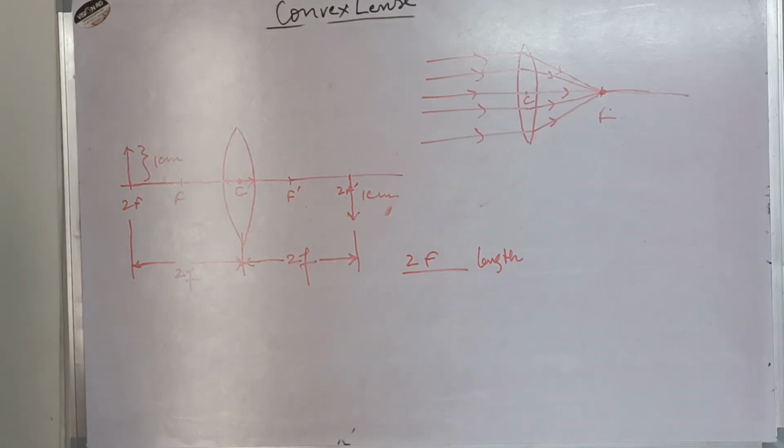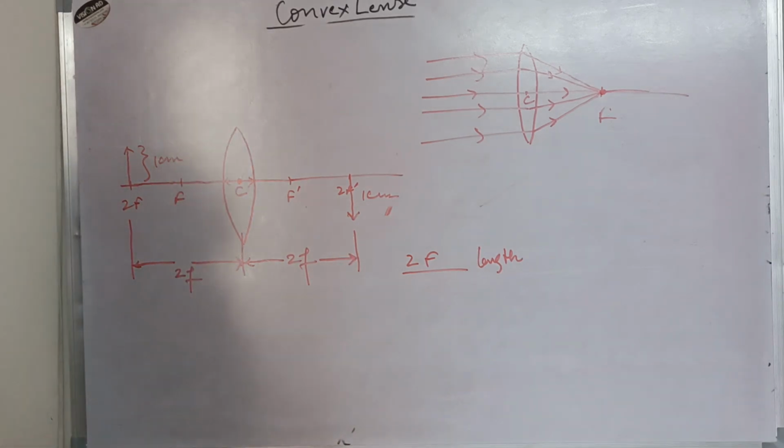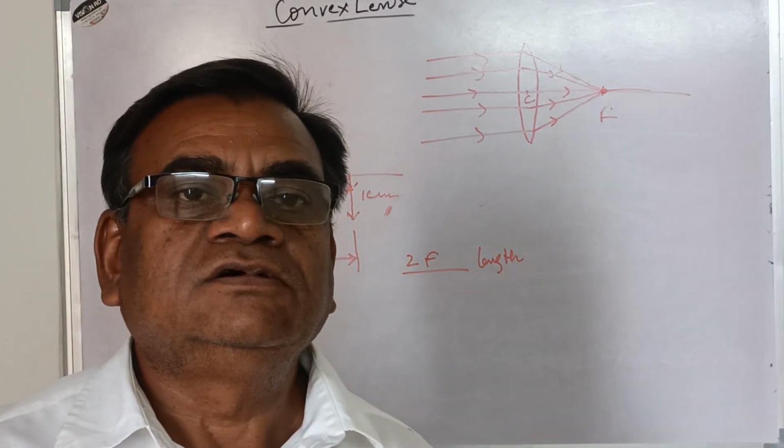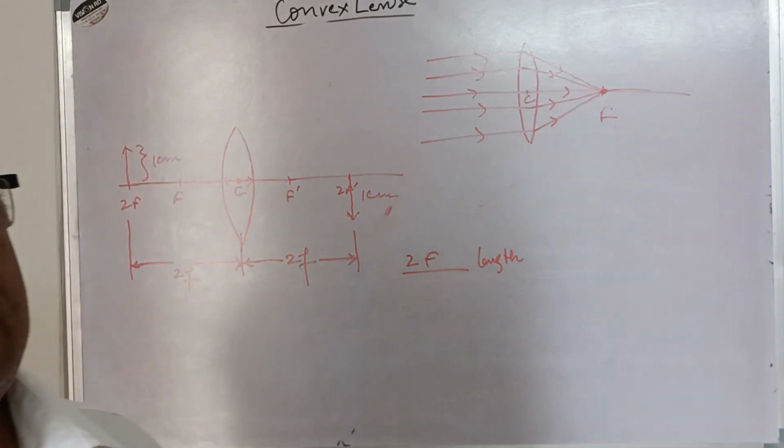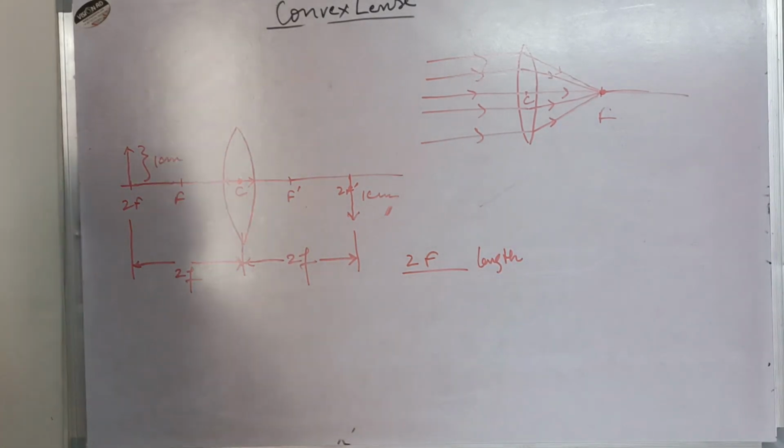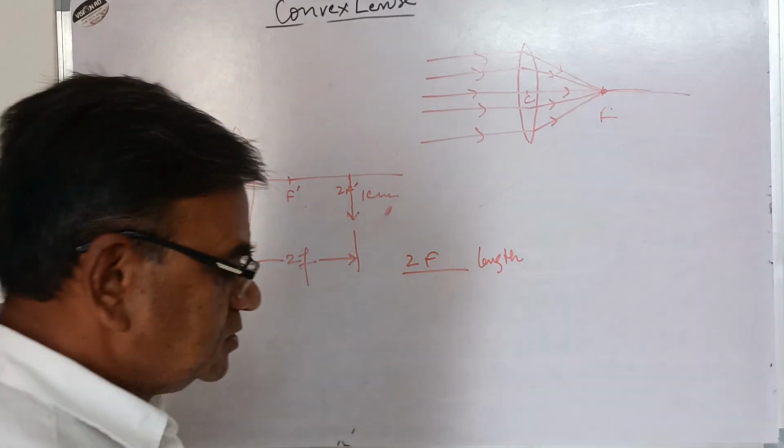This will be the position. The distance of the image from the lens will be equal to the distance of the object from the lens, but these will be on either side, opposite sides.